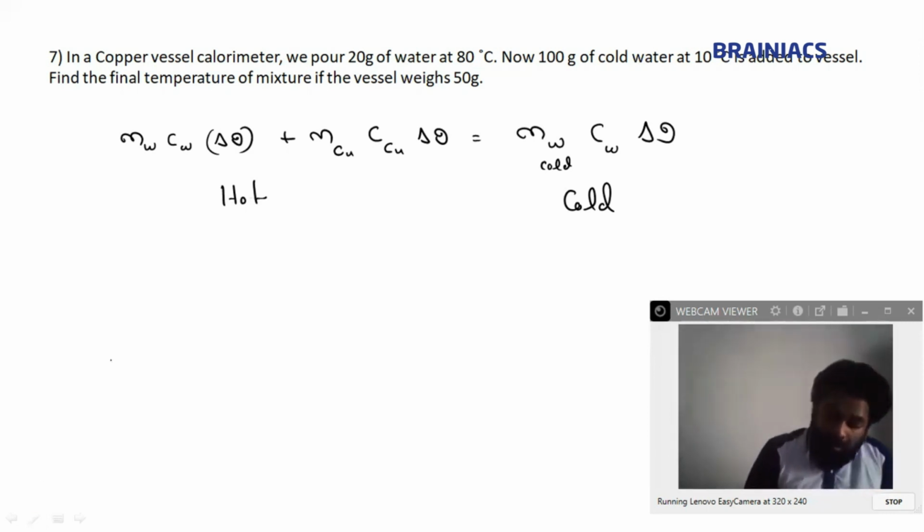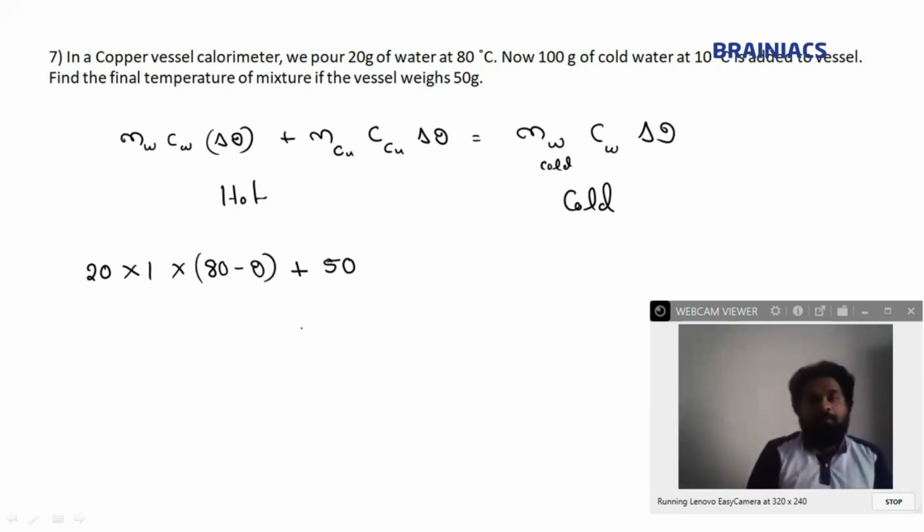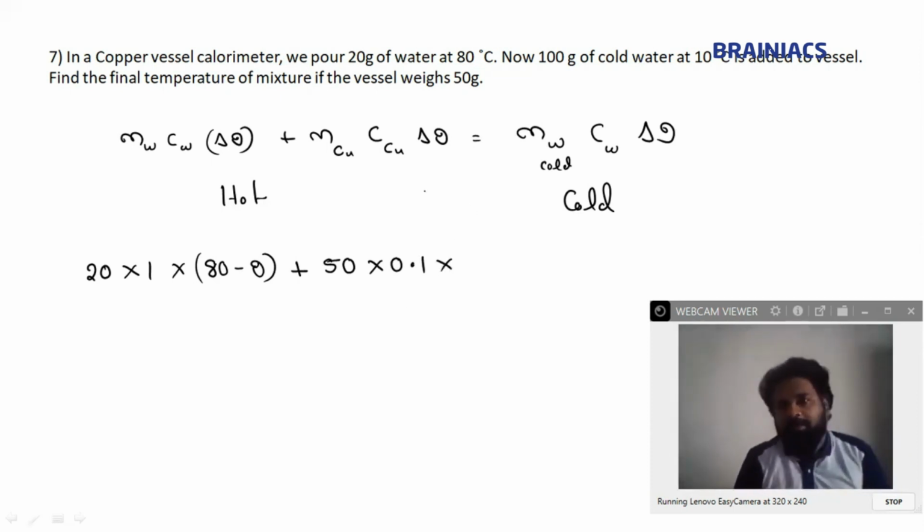Now, 20 gram of water into 1 into its temperature, which is 80. Mixture temperature we do not know. 80 minus theta, plus 50 gram of copper vessel given, into its specific heat capacity, 0.1, into, okay, this will be given in the question.